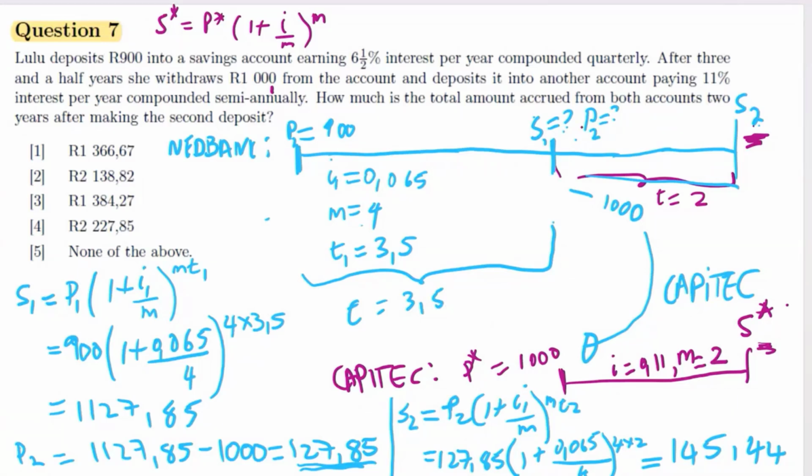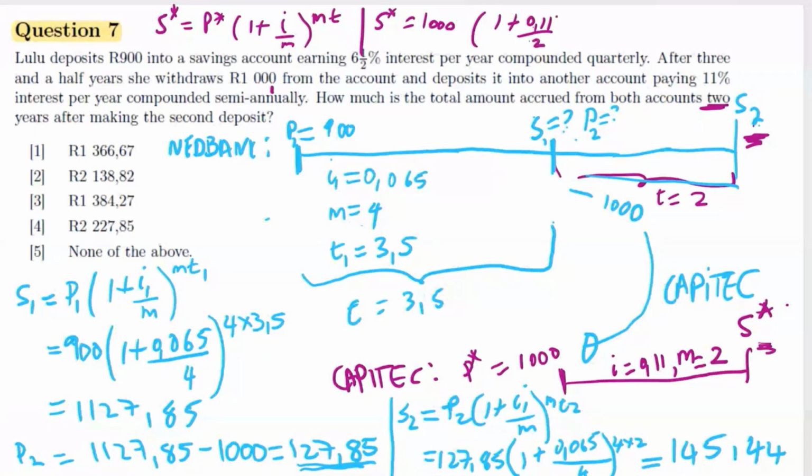The question asks how much it is from both accounts after making the second deposit, after 2 years. So now our S star is equal to the amount that was withdrawn from Nedbank, which is 1,000 into 1 plus. The rates at Capitec are different, so the rate is 0.11, and our condition is that it is compounding semi-annually, which is 2.